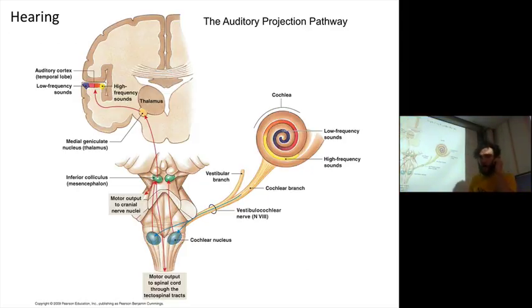So the auditory projection pathways: we have this labeled line code coming off the cochlea going through cranial nerve 8. It's going to first synapse in the cochlear nucleus, and then it's going to send fibers up to the inferior colliculus.